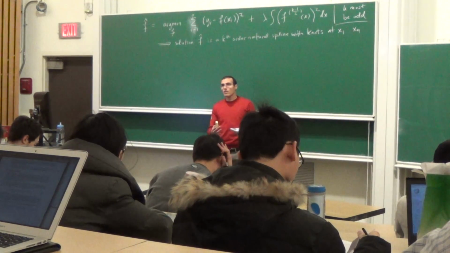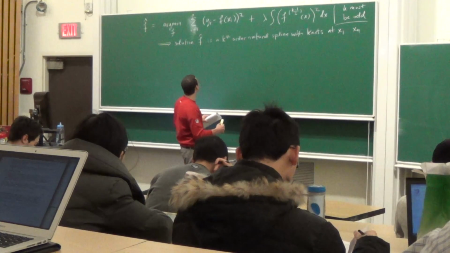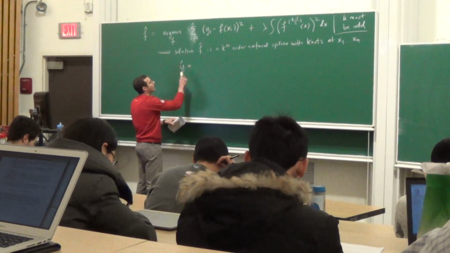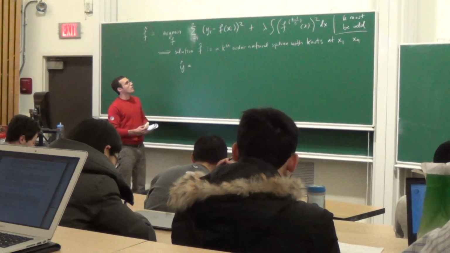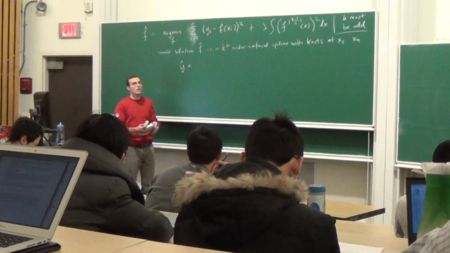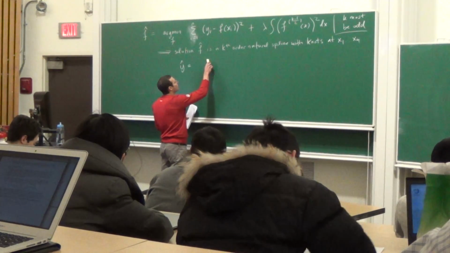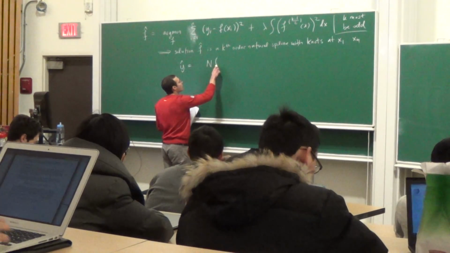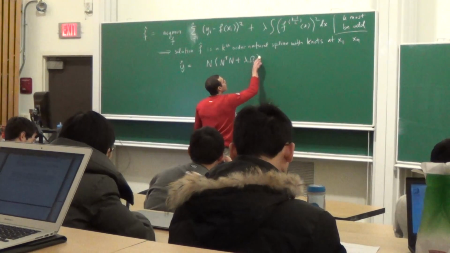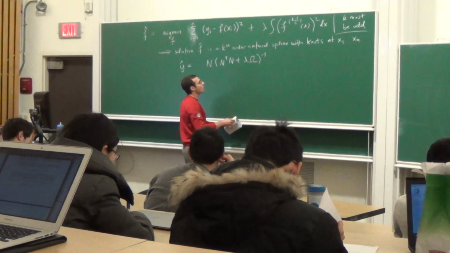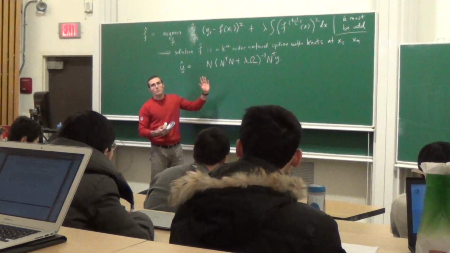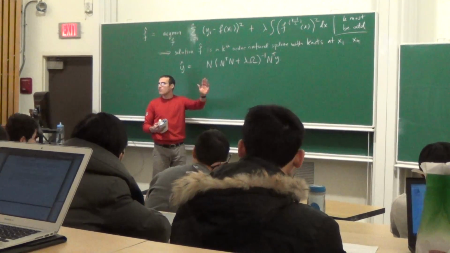We saw it as kind of like a generalized ridge regression, and the fitted values ended up looking like this. These are the fitted values: f hat of xi for i going from 1 to n look like N times (N transpose N plus lambda omega) inverse N transpose y, where N was this matrix whose columns gave us the evaluations of natural spline basis functions across the data points.